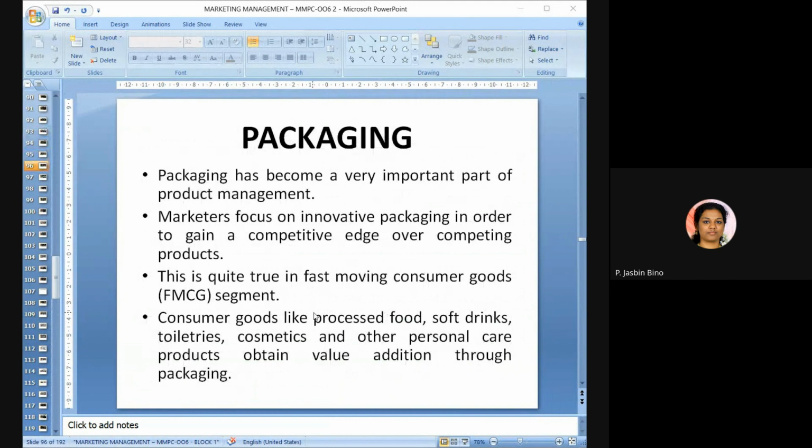The next topic is packaging. Packaging is a very important part of this.